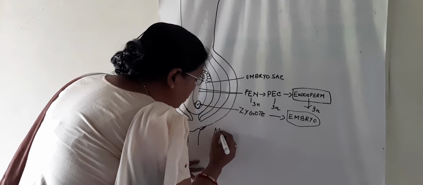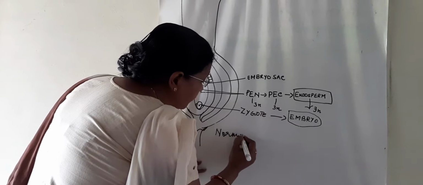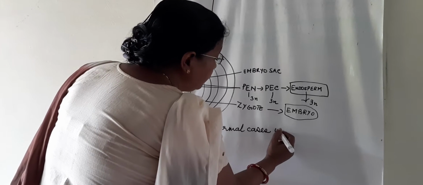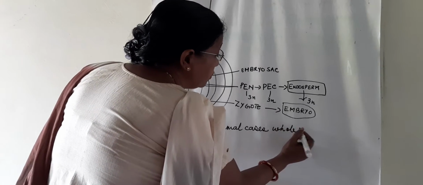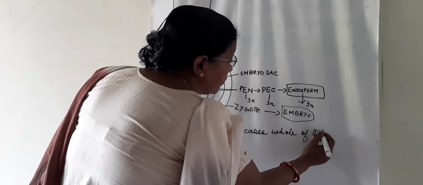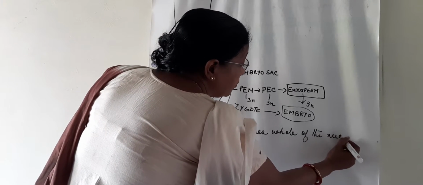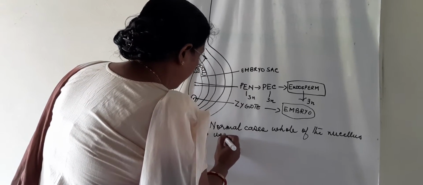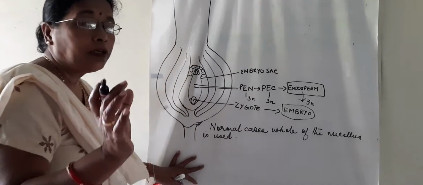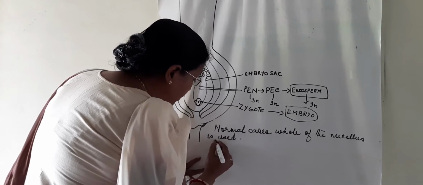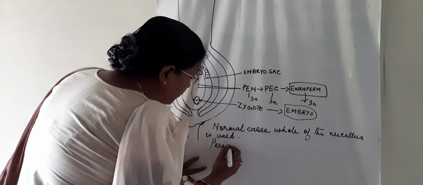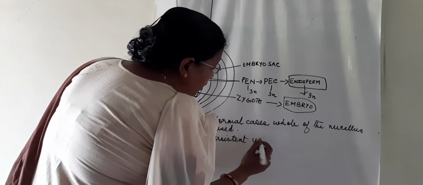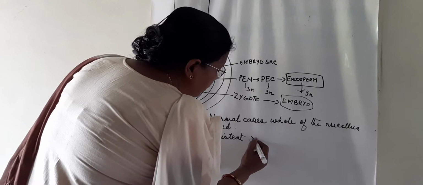So in normal cases, what happens? The whole of the nucellus is used, but in some cases, persistent nucellus is left.